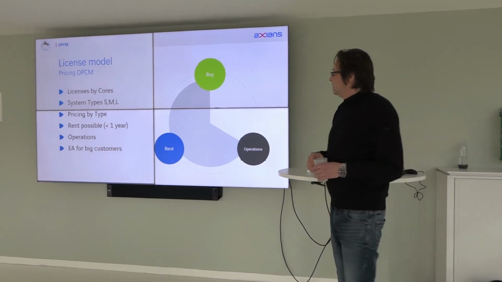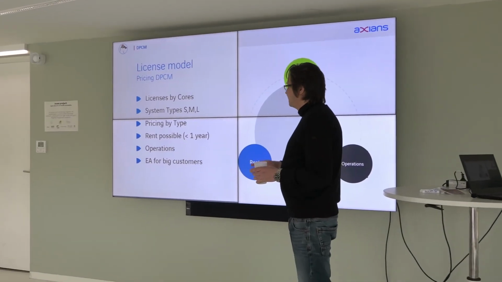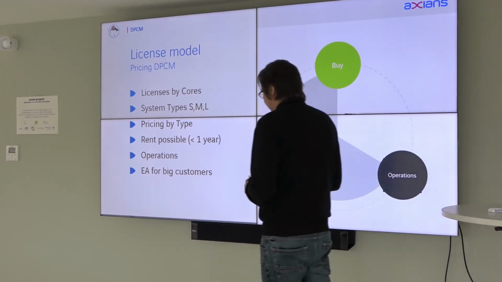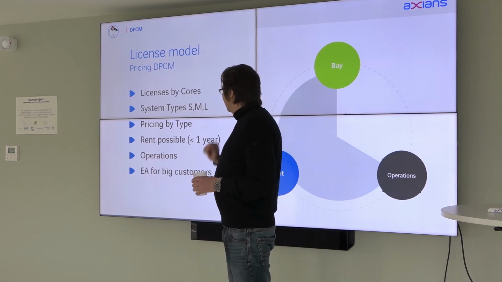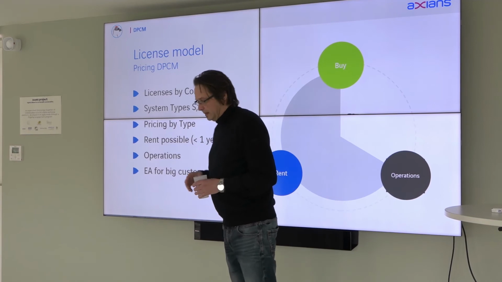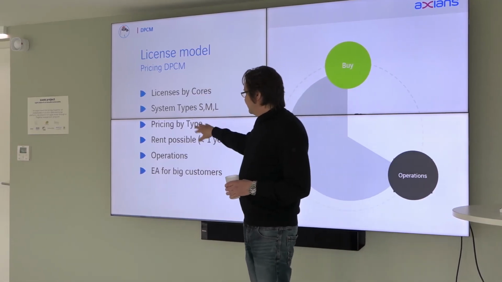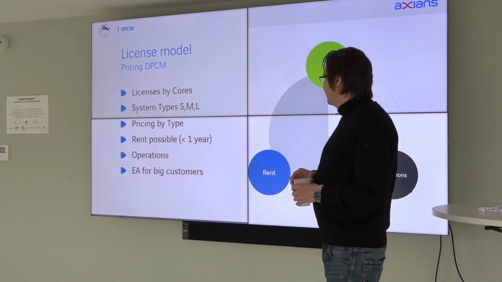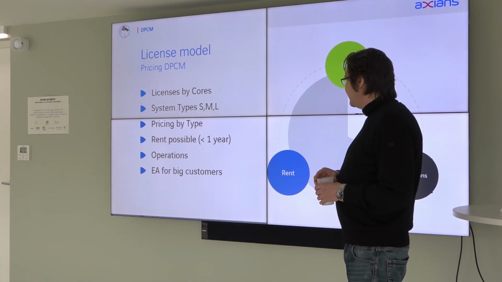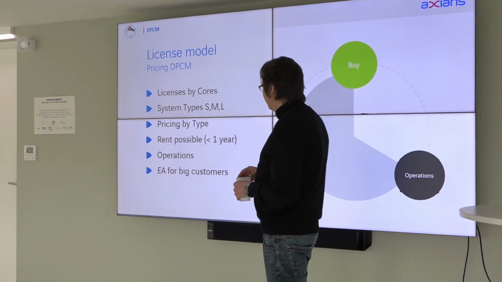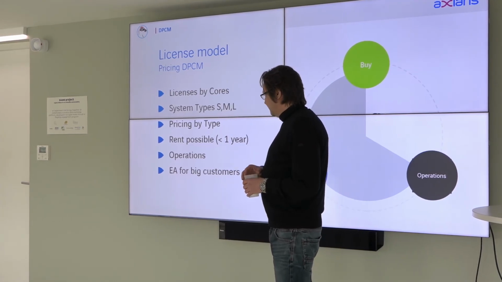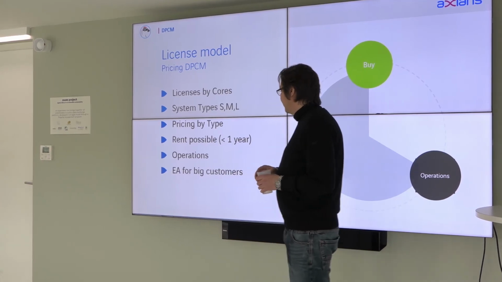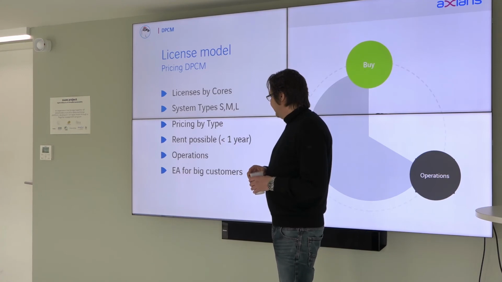We have a license model, where the licenses are by core of the systems. There are system types in the IBM world: small, nowadays only mid-size and enterprise systems, and the pricing is by type. Enterprise systems are a little bit more expensive than mid-size systems. You can rent the software, or you can even have your complete power environment operated by us with DPCM at the end.